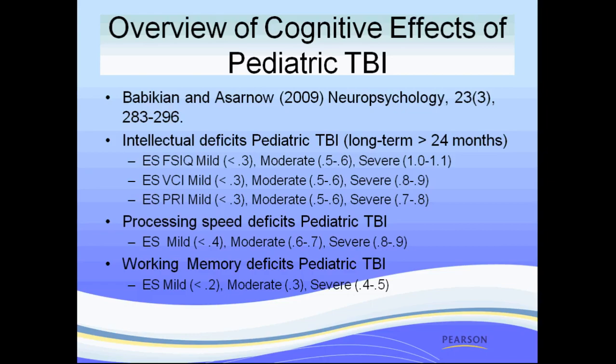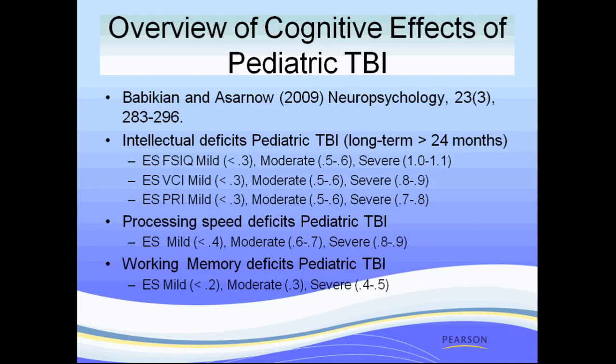Another concern that we have after brain injury, and this is probably one of the more sensitive measures, if you think about it not as a global measure like IQ but as a more specific cognitive function, is processing speed. It's a really important area in terms of evaluation. Even in mild injuries, you see the effects are a little bit larger.